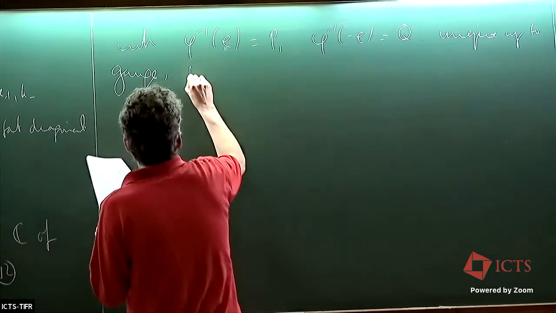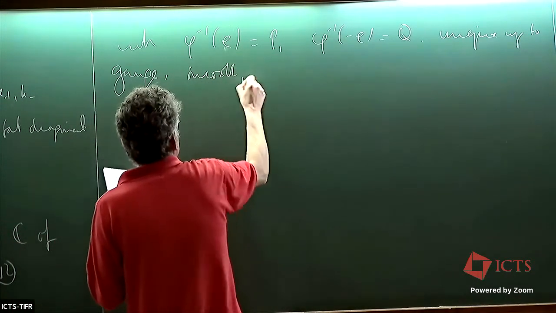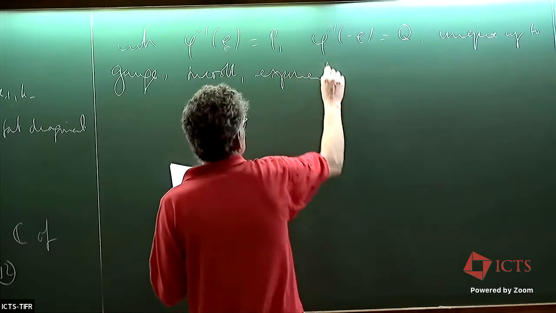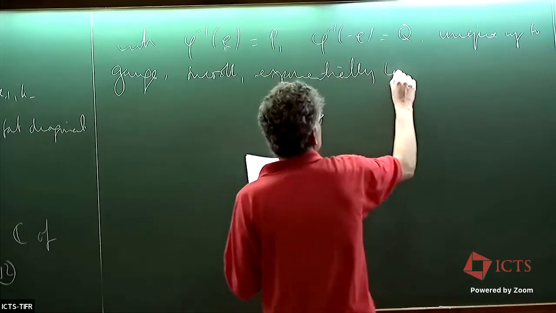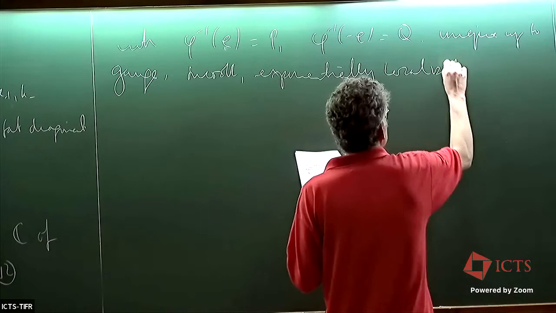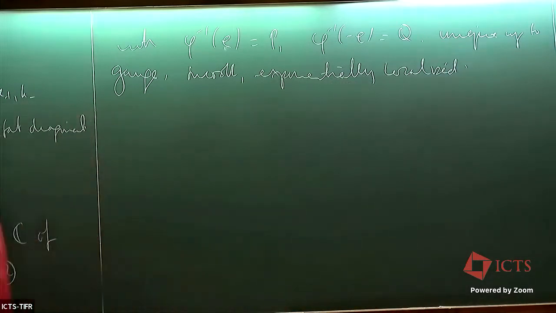It's smooth and it's exponentially localized. So this is a very direct analog of Taubes' original existence theorem for linear vortices on the plane in the case of P1 vortices. Okay, so how do we prove that?